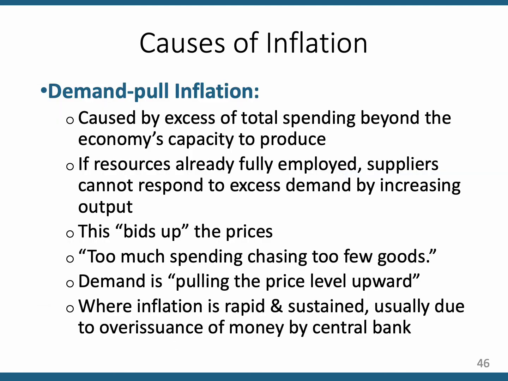There are two causes of inflation: demand pull inflation and cost push inflation, that are explained better in the next chapter, because you're not really equipped to understand this until we have developed the aggregate supply and aggregate demand models. We can graphically show you how this works, and we will do that next chapter.